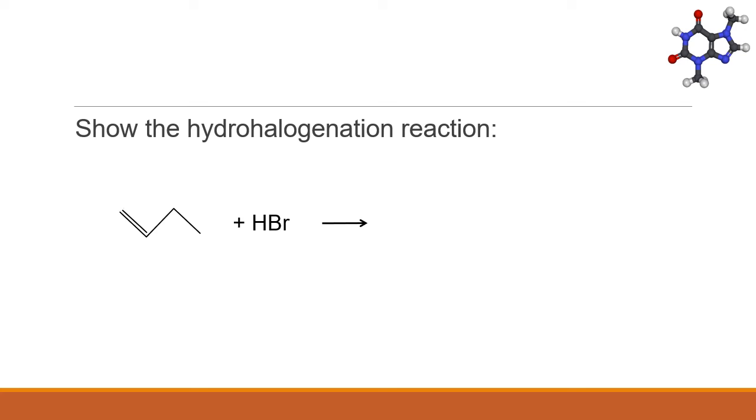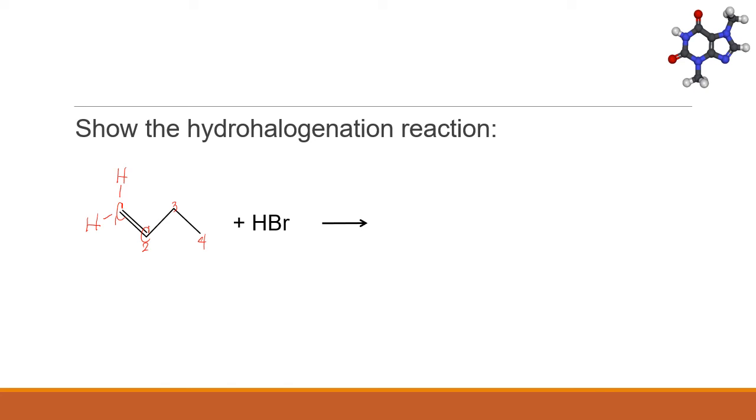Let's first number the carbons here as 1, 2, 3, and 4. Carbon 1 has 2 of its valence electrons shared with carbon 2 in the double bond, which leaves 2 more valence electrons which are bonded to 2 hydrogen atoms.